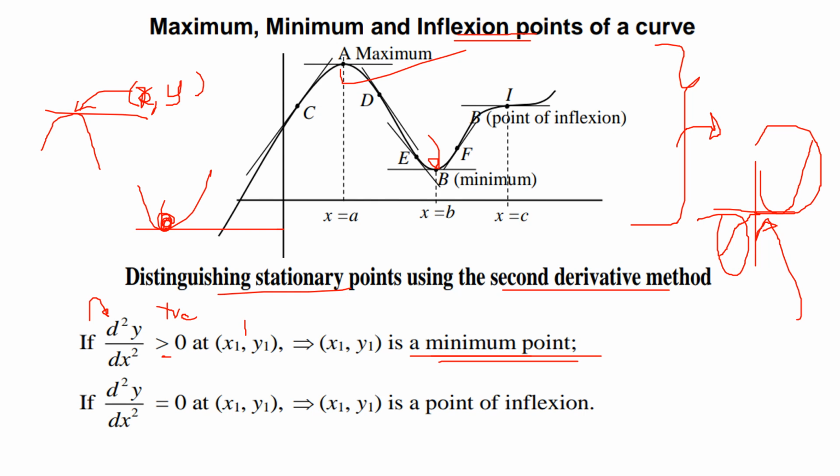If your second derivative is equal to 0, then that one is called a point of inflection. If your second derivative is less than 0, that means negative, that's what we call a maximum point.